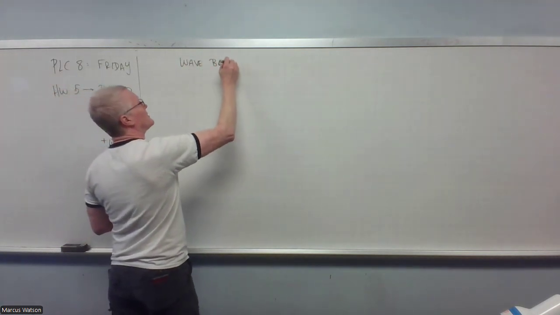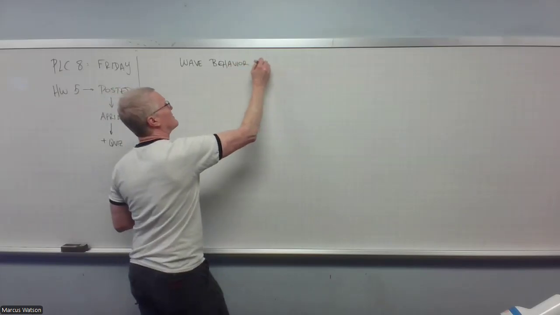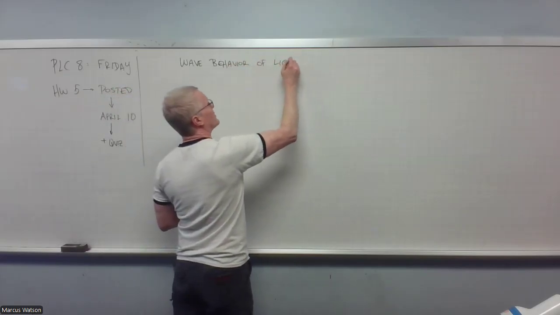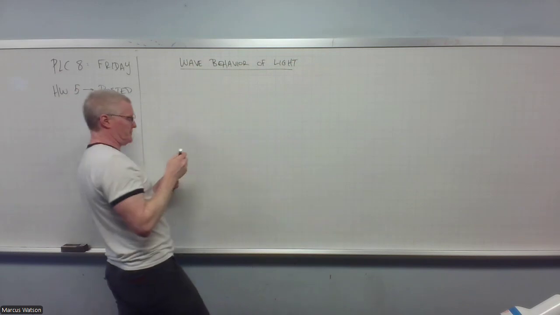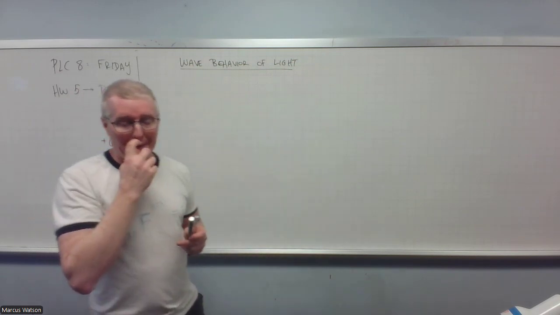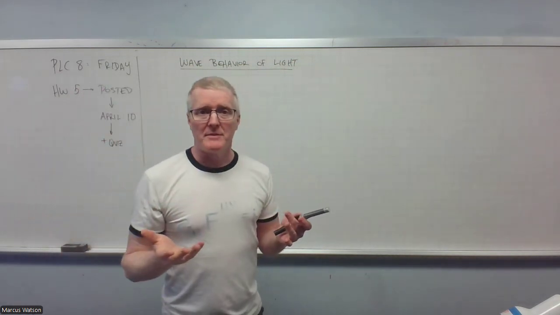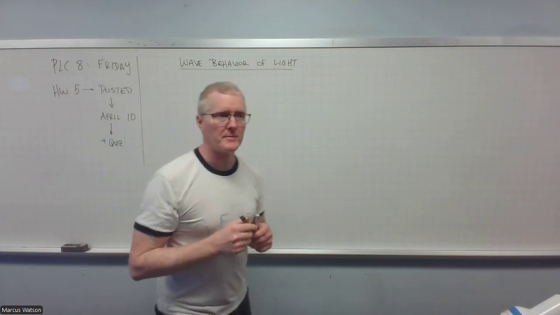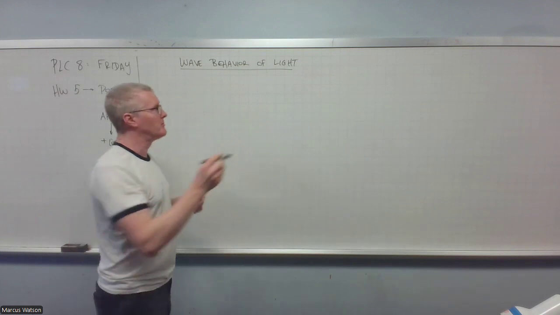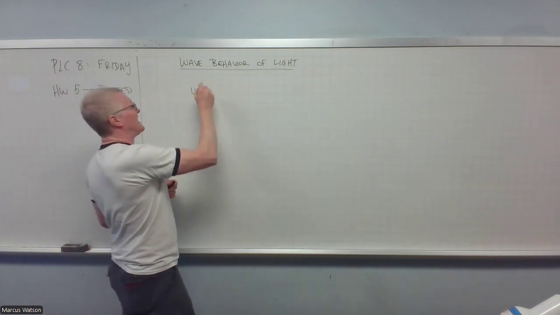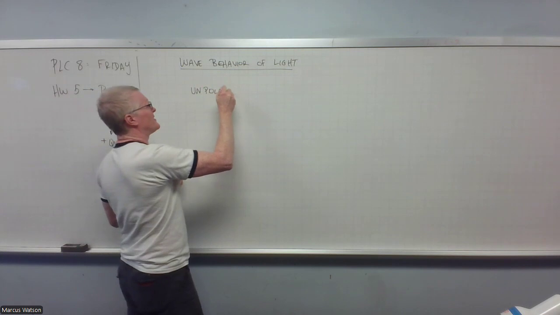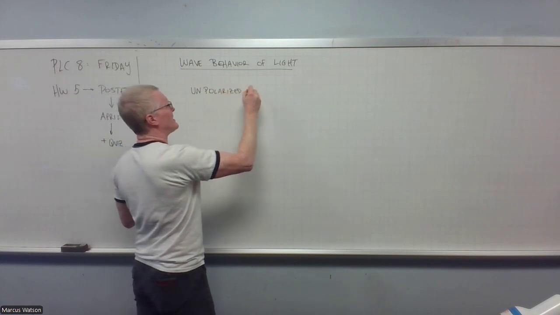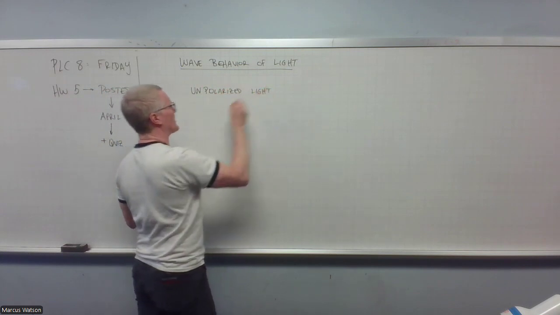So let's go ahead and keep going with that. I did the example in the last video of polarization, and the idea that we have unpolarized light and polarized light, and we can make different types of polarized light.